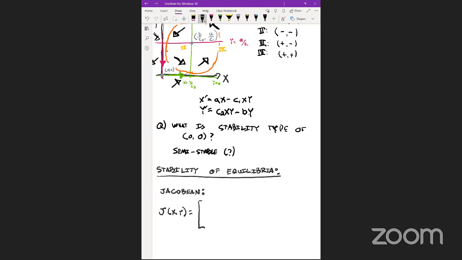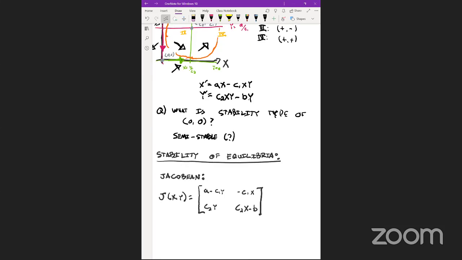The derivative of the first equation with respect to x is going to be a minus c1 y. With respect to y it is going to be minus c1 x. Then the derivative of the second equation with respect to x is going to be c2 y, and with respect to y, it is going to be c2 x minus b.